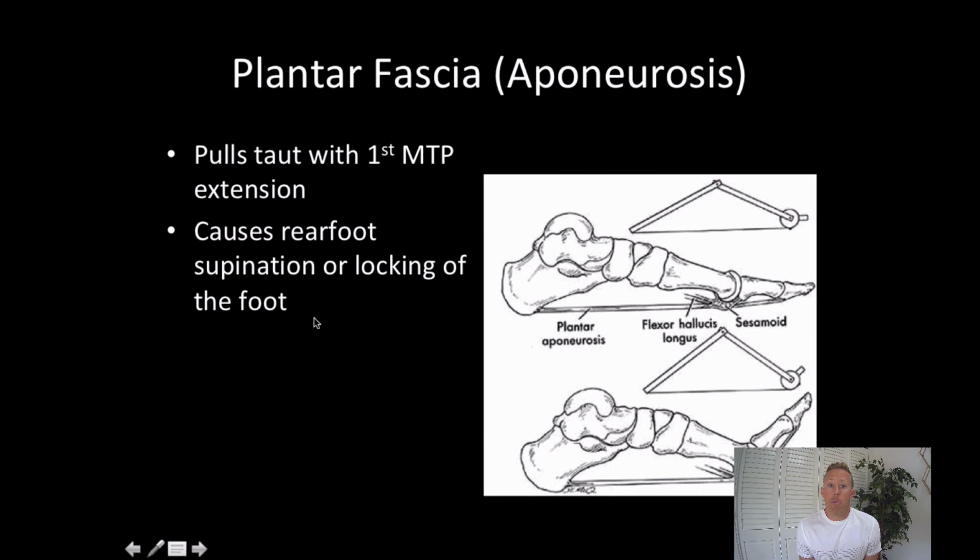So when the rear foot supinates, because again, that plantar fascia pulls on the calcaneus, and the calcaneus is part of the rear foot, that tension moves the subtalar joint right here and creates locking of the foot, and we call this the windlass effect. And it's really important when you go to push off when you're walking, because it locks the foot and allows us to push off with a rigid lever.